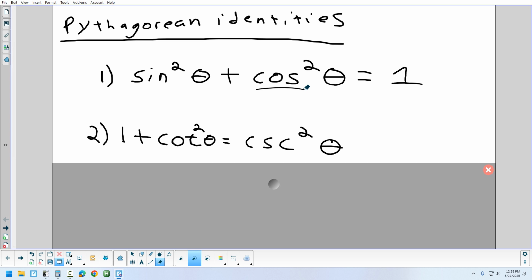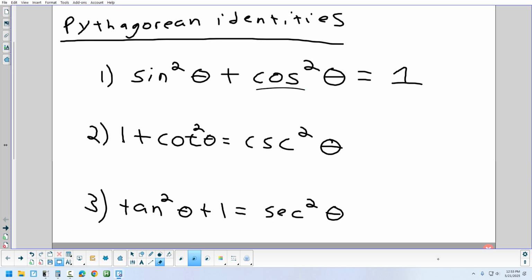Cosecant. Haven't used secant and tan. So those are all called Pythagorean identities. And they all look kind of similar to the first one. They all have 2 trig functions in them. They're all squared, and they have a number 1 in the formula somewhere.